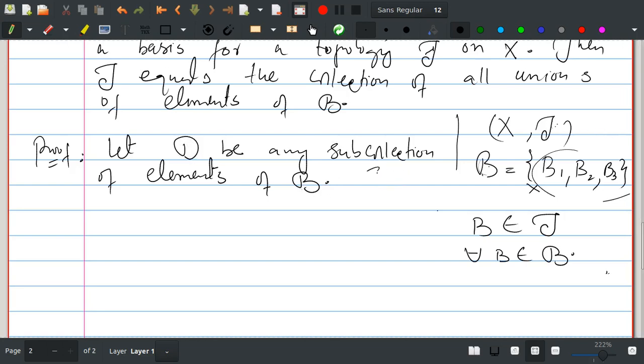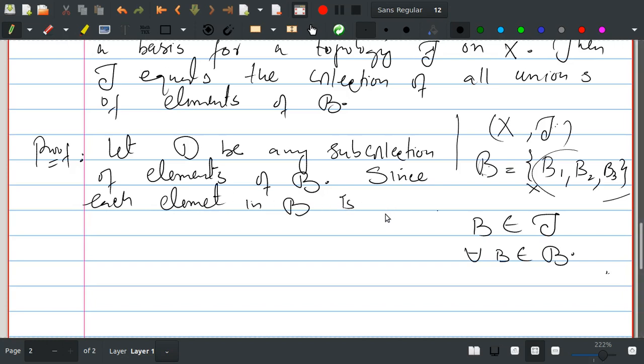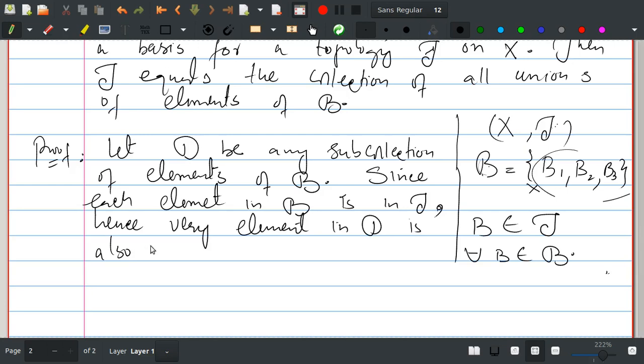So since each element in this fancy B is in T, hence every element in this fancy D is also in T, since D is a sub collection of B. That means any element in this fancy D is also in T. Now T being a topological space implies this T is closed under arbitrary unions.